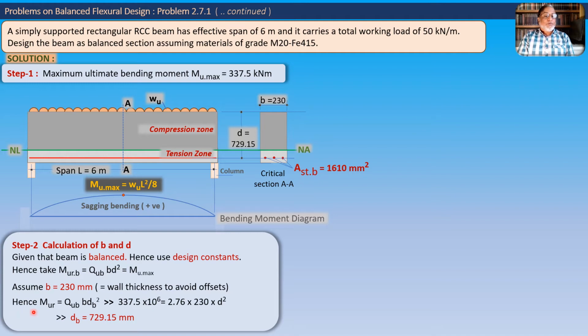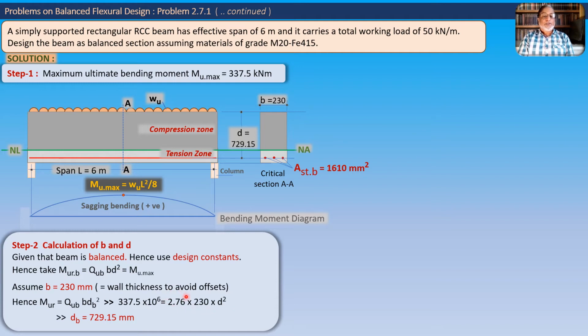Now, we will put this value 230 in this equation and substitute the values. So we have Mu R equal to Qu b into B D square. This Mu R is 337.5, already taken from step 1. We will multiply it by 10 raised to 6 to convert it into Newton mm, because on the right hand side we are going to use the values in Newton and mm.